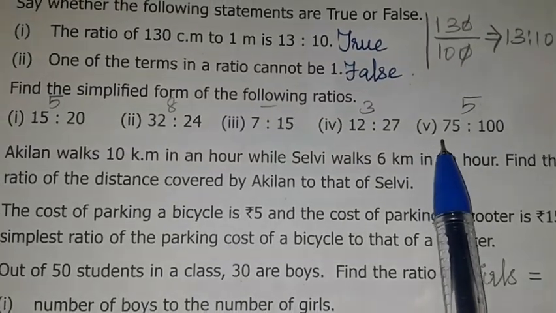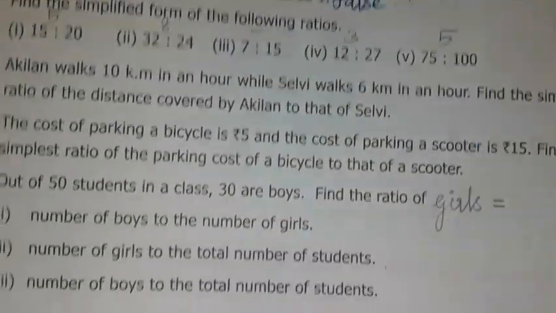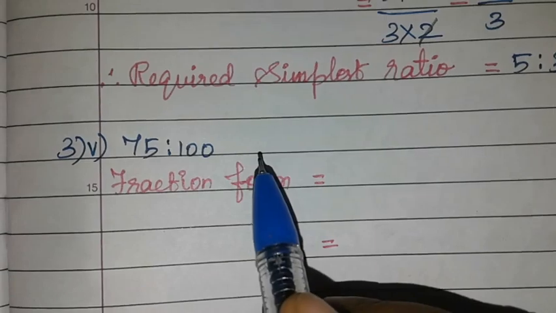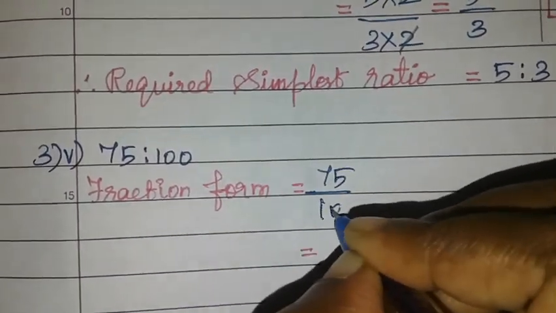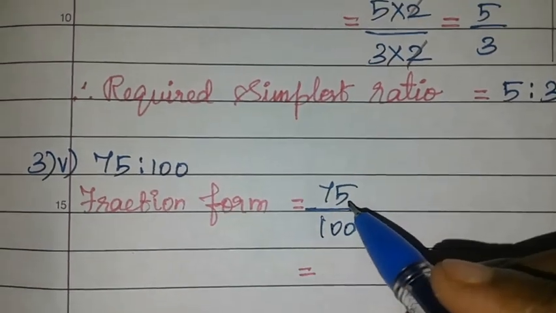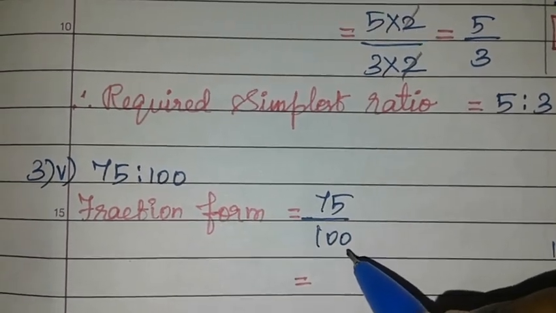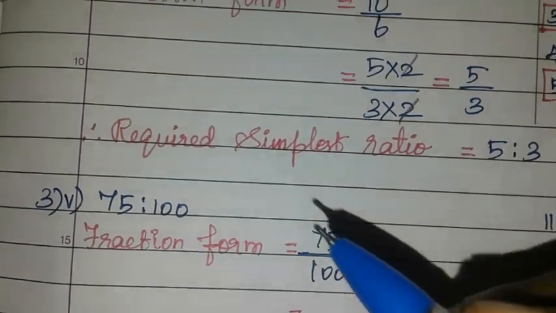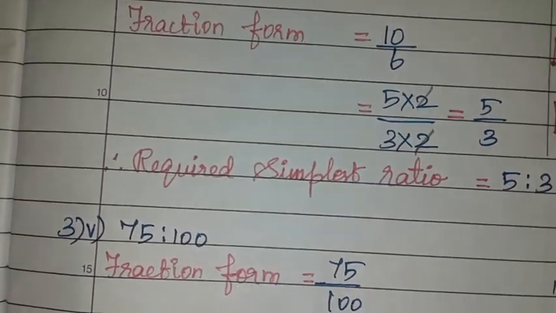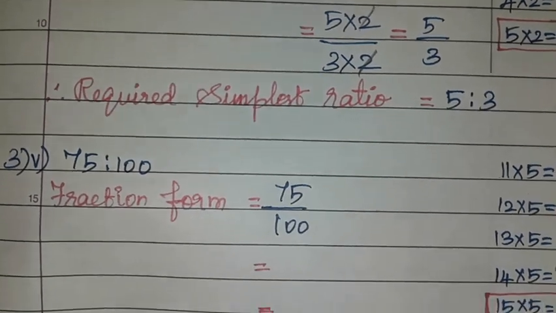Now this fifth subdivision, 75 is to 100. Fraction form is 75 by 100. This number ends with 5, this ends with 0. So 5 and 0 means surely it is divisible by the 5 table. So here considering the 5th table.